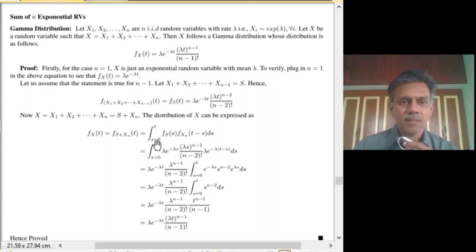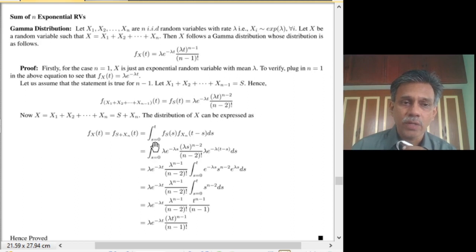So it is given by the integral from small s equal to 0 to t of fs of s into f of Xn of t minus s ds. Okay, so this is the convolution formula. Let us plug in the expressions for the density functions in this integral.